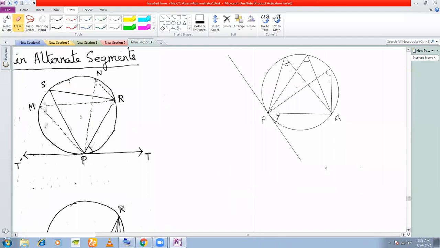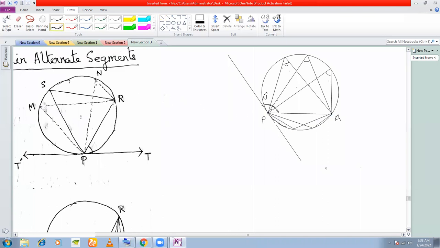I have taken this angle as angle in the one segment. Now, suppose again I have a tangent and a chord intersecting each other at P, then this is another angle, right? In one segment, right? And what can be the angles in the other segment? I can have angles like these. Right?